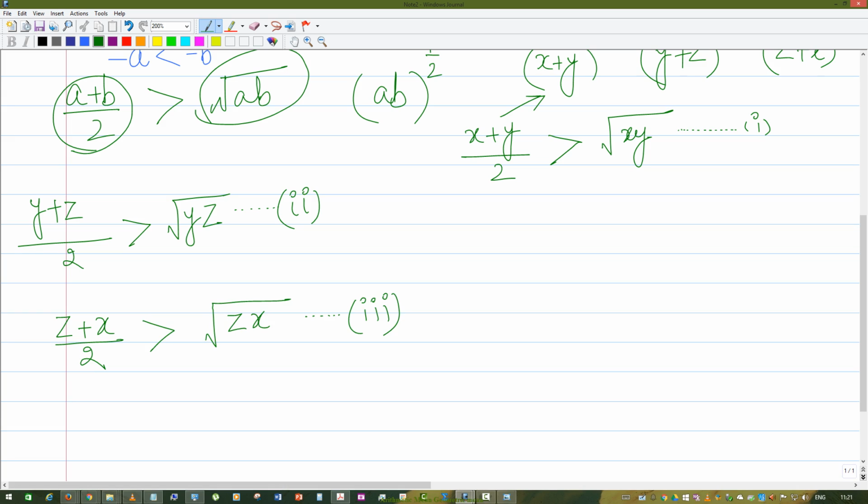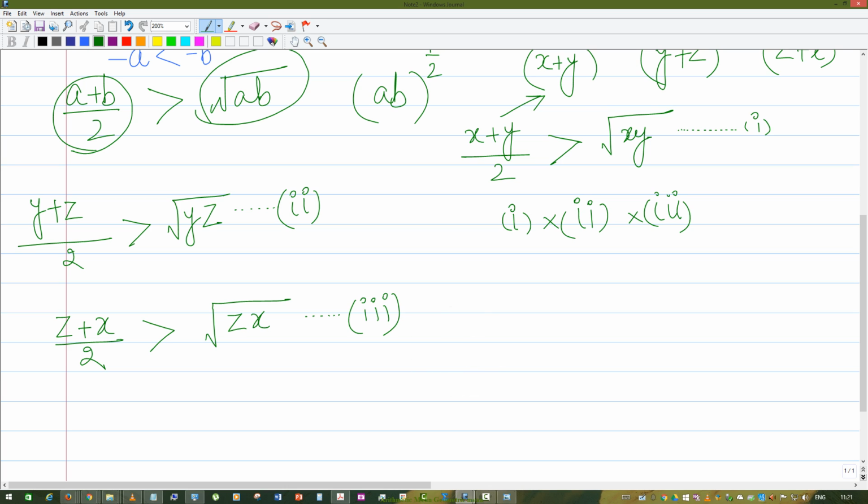Now what we will do is multiply equations 1, 2 and 3. You can always multiply any quantities. There is nothing mathematically wrong in it. It is very much consistent with the mathematical operations.